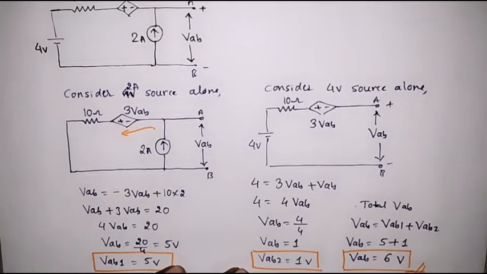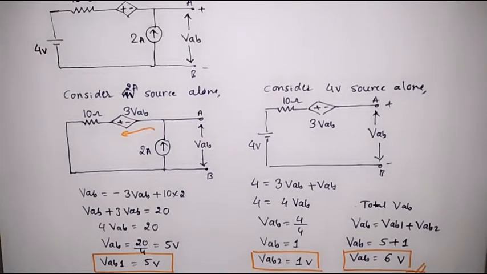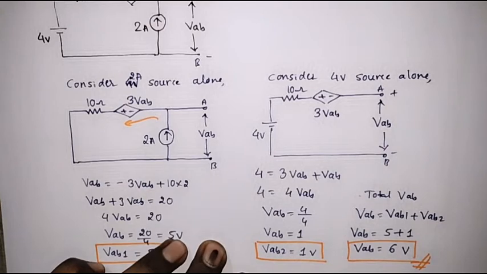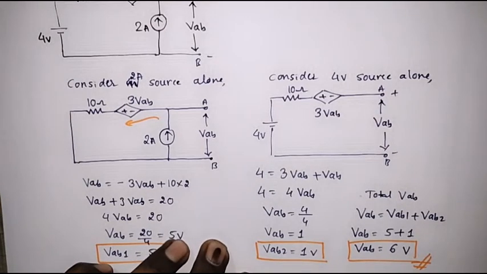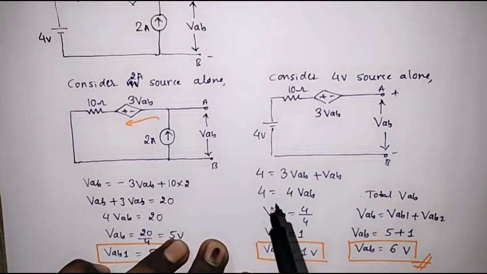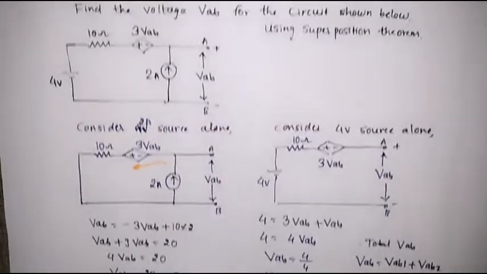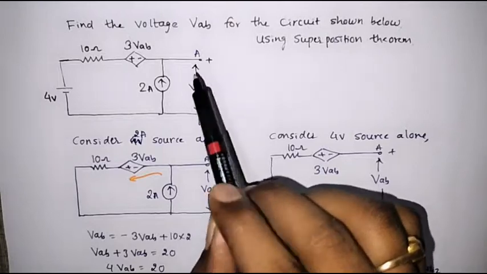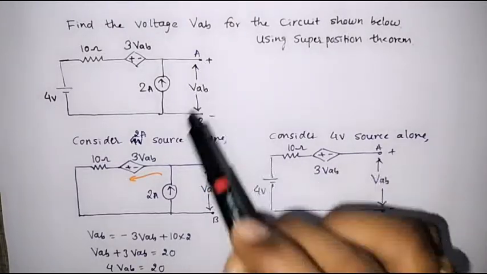So this is the required voltage between terminal A and B, and we have calculated this using superposition theorem. Now I will verify the result using loop analysis. I am doing this just for understanding purposes. So using superposition theorem, we found the voltage between terminal A and B as 6 volts.